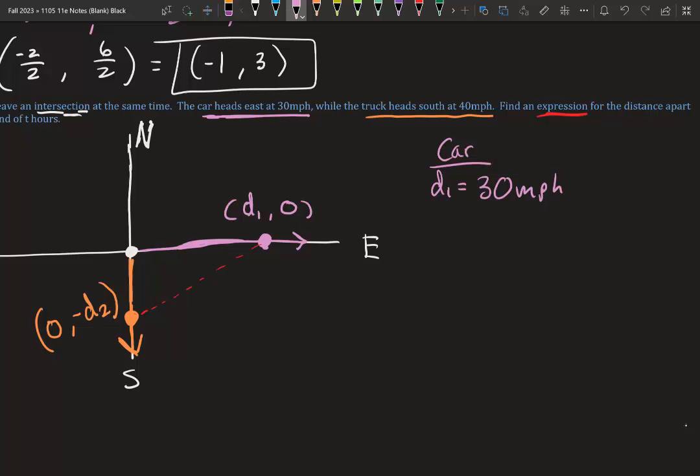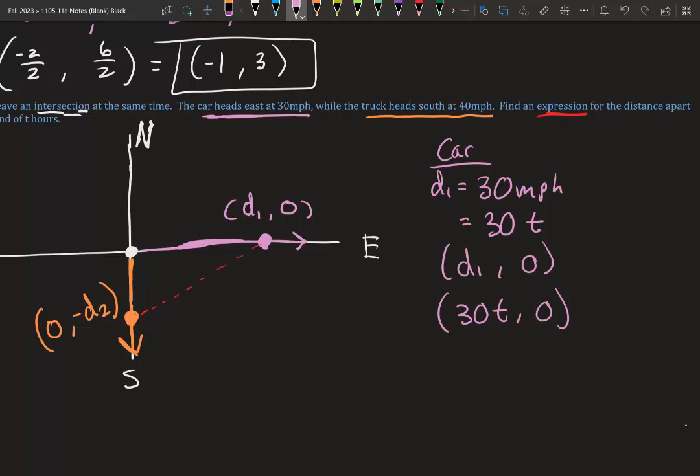And we just said that's a unit of time. So 30 miles per hour is actually 30t. Then after we drew it, we came up with the point D1, 0. Well, we know what D1 stands for now. D1 stands for 30t. Because however long you're going, you multiply it by 30 and then you get how far you've gone.